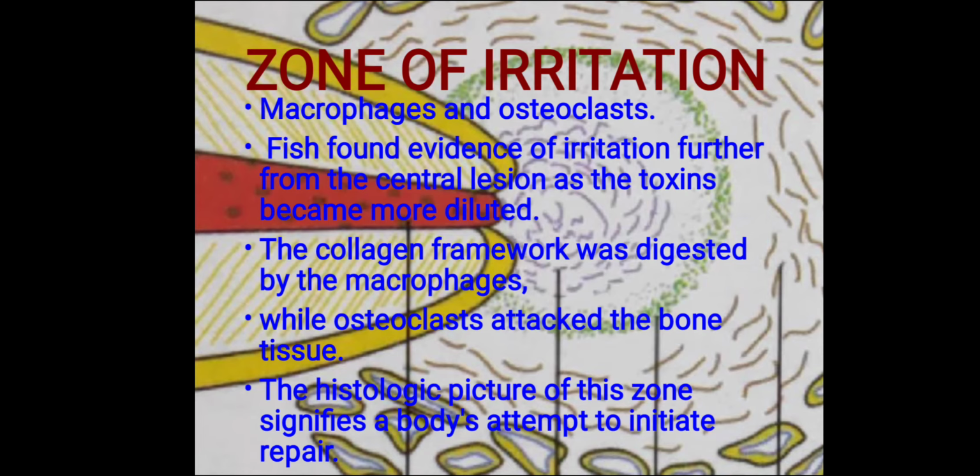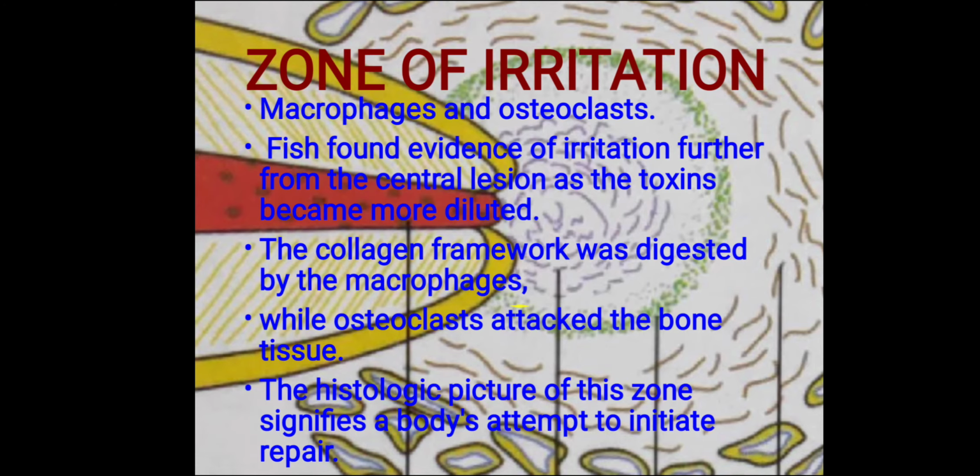Zone of irritation. Here the macrophages and osteoclasts are the predominant cells. Fish found evidence of irritation further from the central zone as the toxins became more diluted. The collagen framework was digested by macrophages.